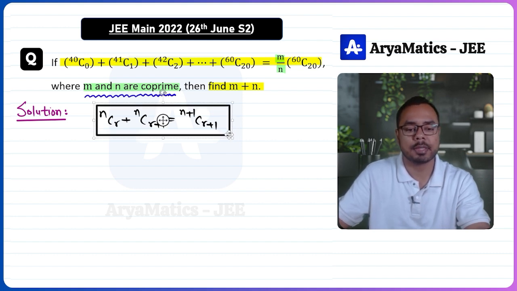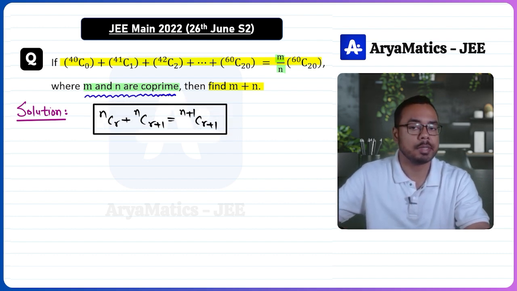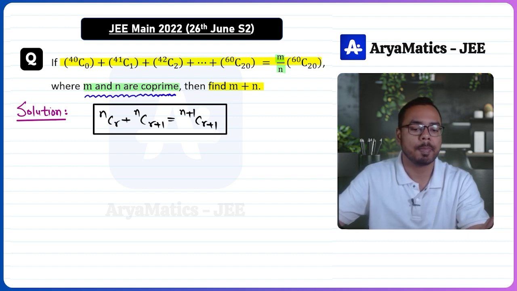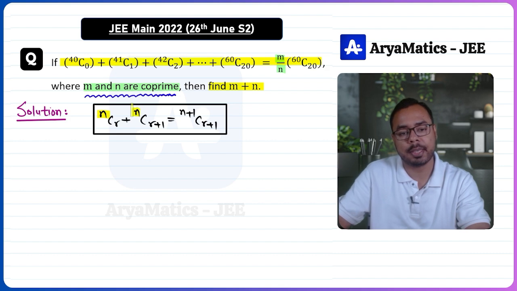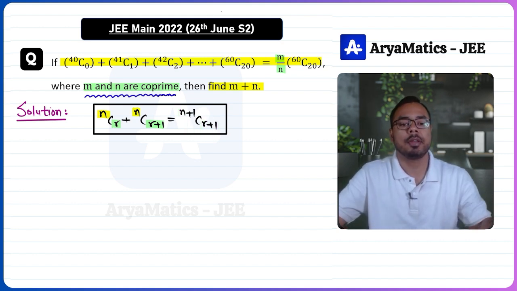In order to apply this property, these two n must be the same, and there should be a difference of 1 in the lower numbers. If one term is R, the other one should be R plus 1. So then we need to add 1 to n, and this becomes n plus 1 CR plus 1.